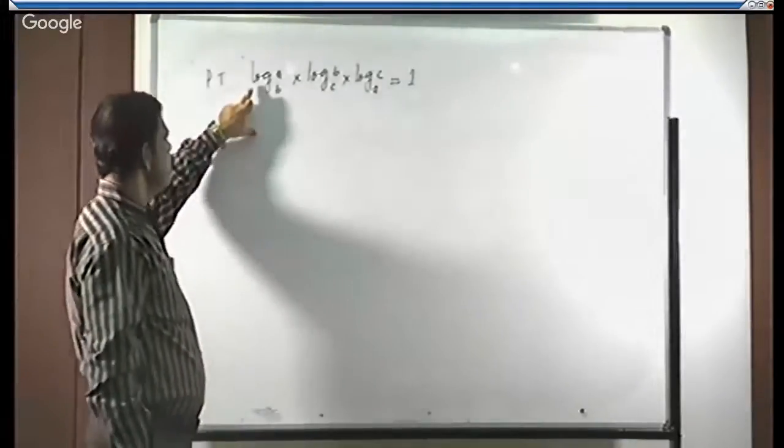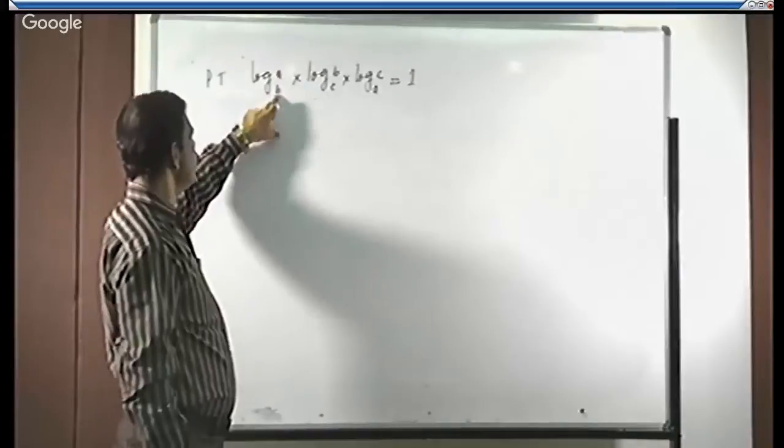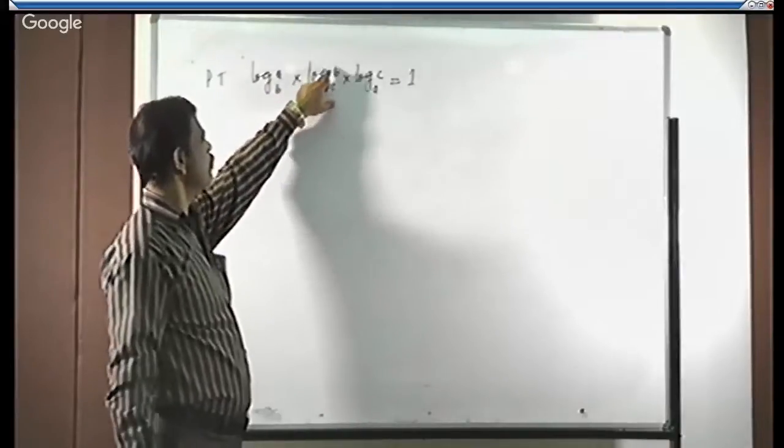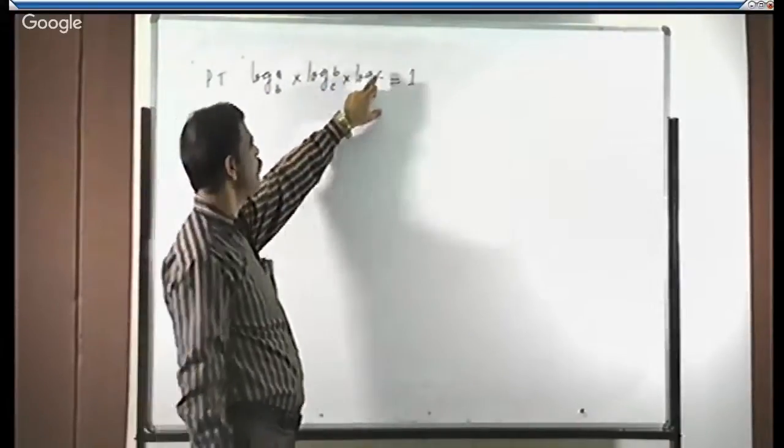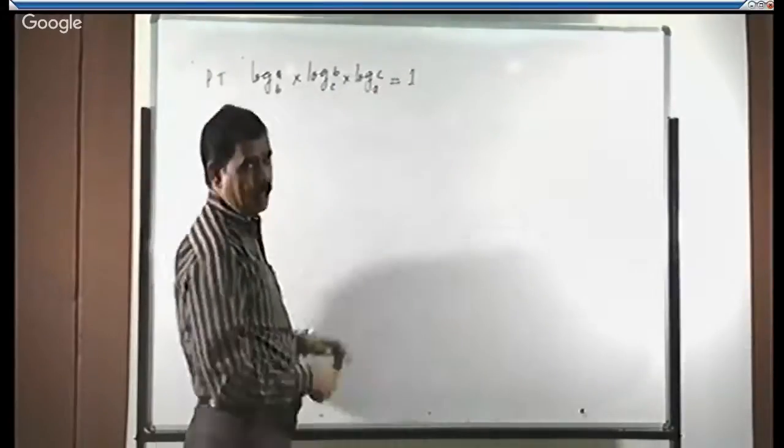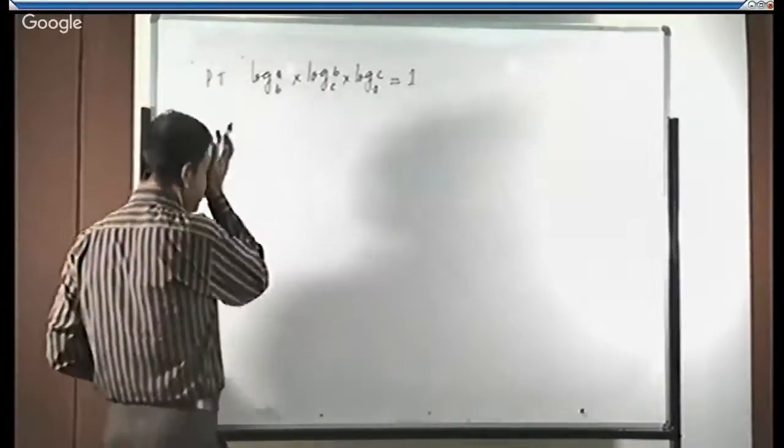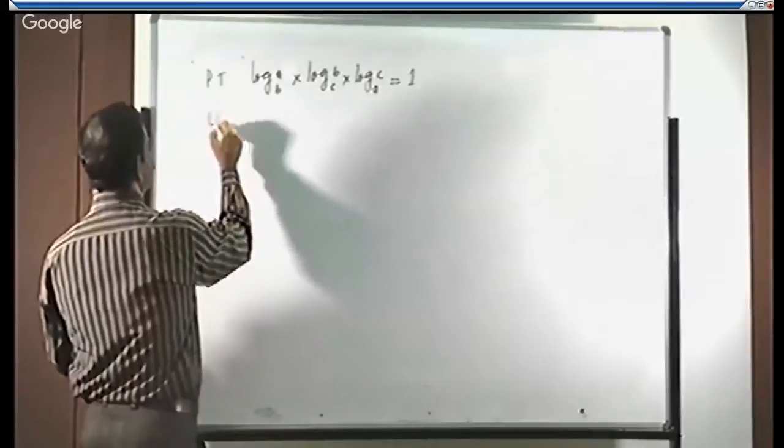So what is the left hand side? It is log a to the base b into log of b to the base c into log of c to the base a. Is always equal to what? 1.